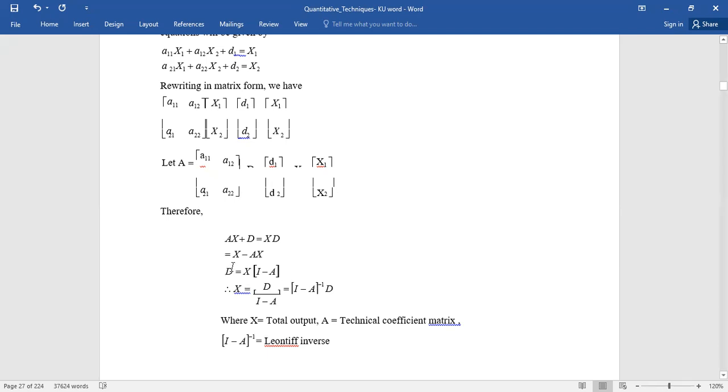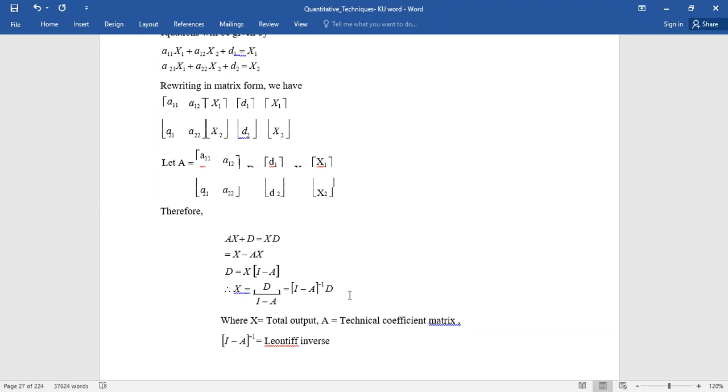If I make X the subject of the formula, I'll divide both sides by I minus A. If I rewrite this, I'm going to have I minus A inverse multiplied by D. So our X is the total output that we desire as a sector.